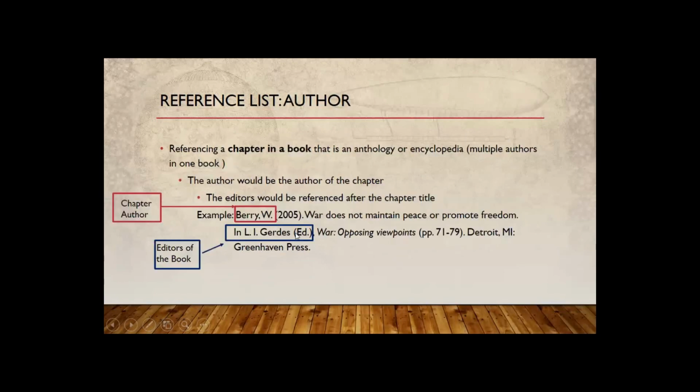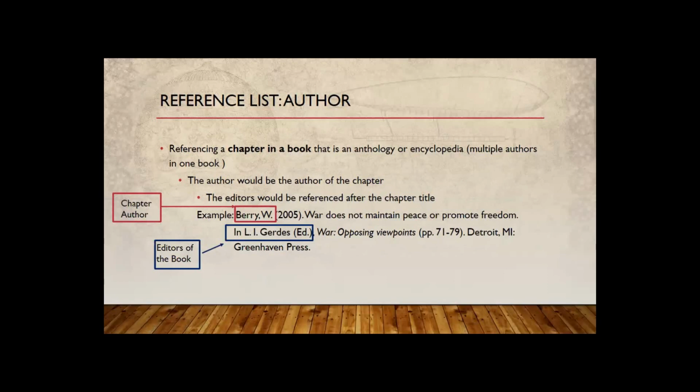There's a comma in between the editors and the title of the anthology. But if you don't have an editor, such as an encyclopedia, most of the time, you would just do capital I, lowercase n, and you would do the encyclopedia's name, and then you would do page numbers from where you found it.